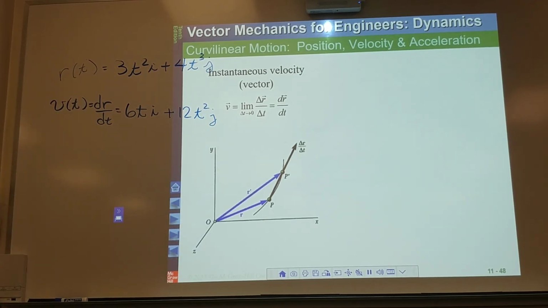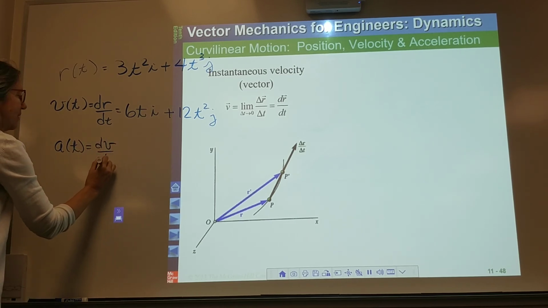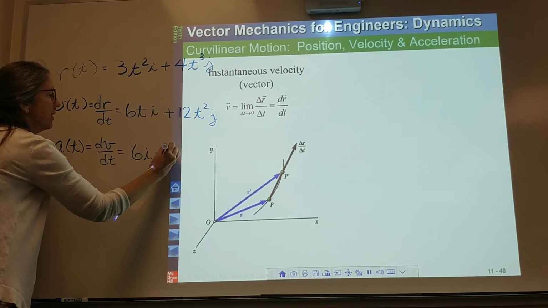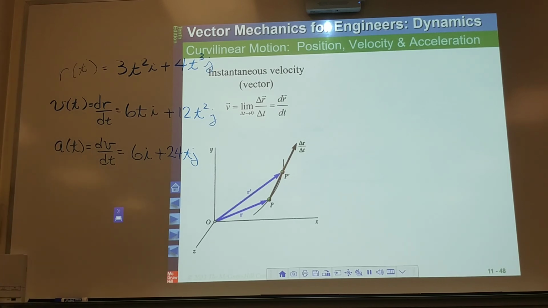Okay, and then if we wanted the acceleration, obviously it would be the derivative of velocity. Okay, and our acceleration would be 6i plus 24t j. Okay, so just an extension of our one-dimensional equations, but now we're looking at it in 3 dimensions, and so therefore we put our i, j, and possibly k components there.